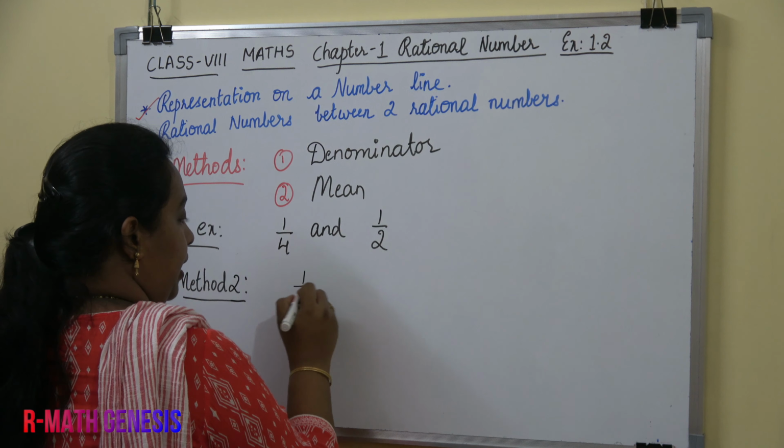So the rational number between 1 by 4 and 1 by 2 using the mean method is 3 by 8.